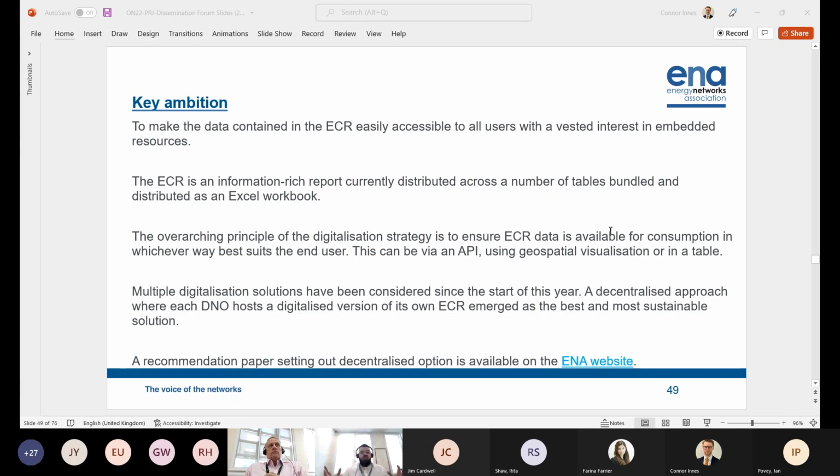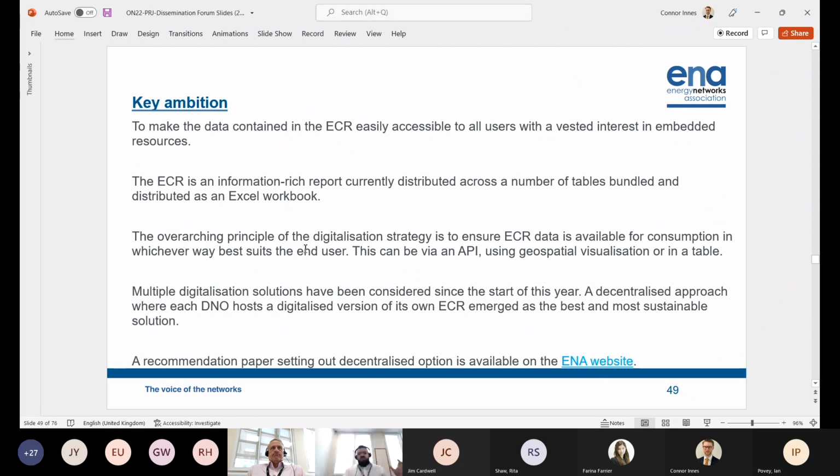And the overarching principle of the strategy that we are working on is to ensure that the ECR is available for consumption in whichever way best suits a given user. This can be via an API, an application programming interface, using geospatial visualization, or just providing the data set in a tabular format.